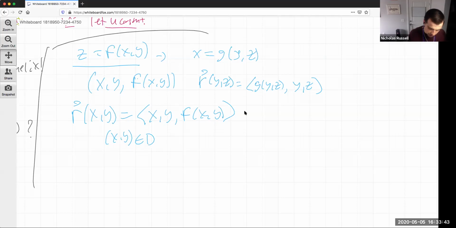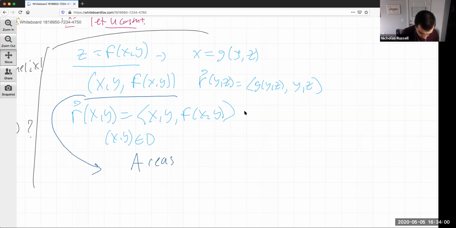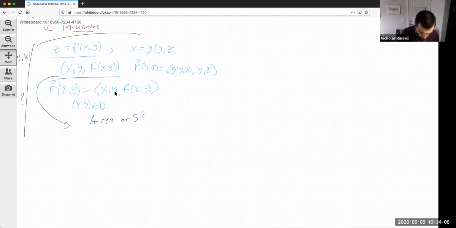I'm going to assume for the time being that I have some function that can be written as x, y, f of x, y. Okay, and we're going to manipulate it from there. And then we'll do some problems to understand it. My goal now is to find the area of S. What is my area? That is described as r of x, y. So what I'm going to do is draw something out.